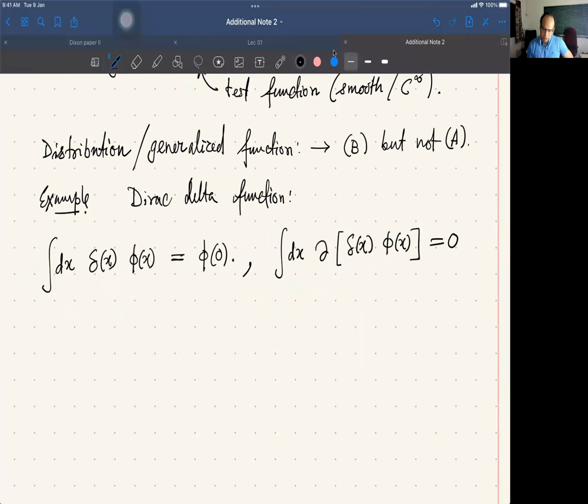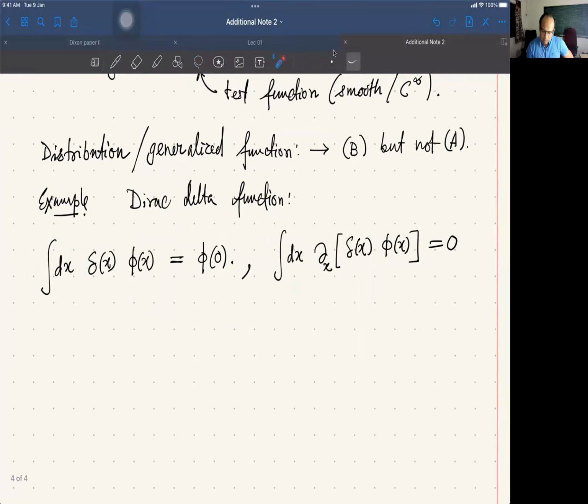must be 0, because this is the total derivative, and this result takes you to the boundary of the real line. Suppose you are integrating over maybe a segment, say a to b, which includes x equal to 0, where the delta function is supported. So the delta function gives a non-zero result only if you include the x equal to 0 point in the integration. That is implicit in my writing here.